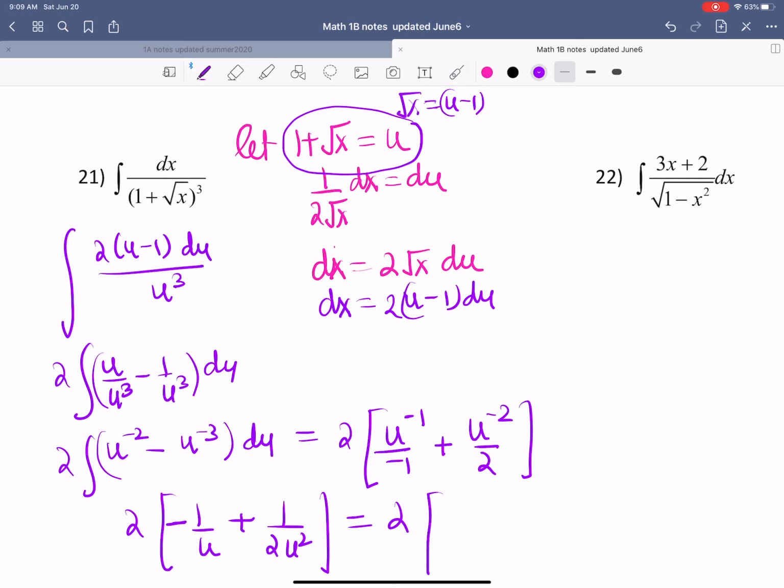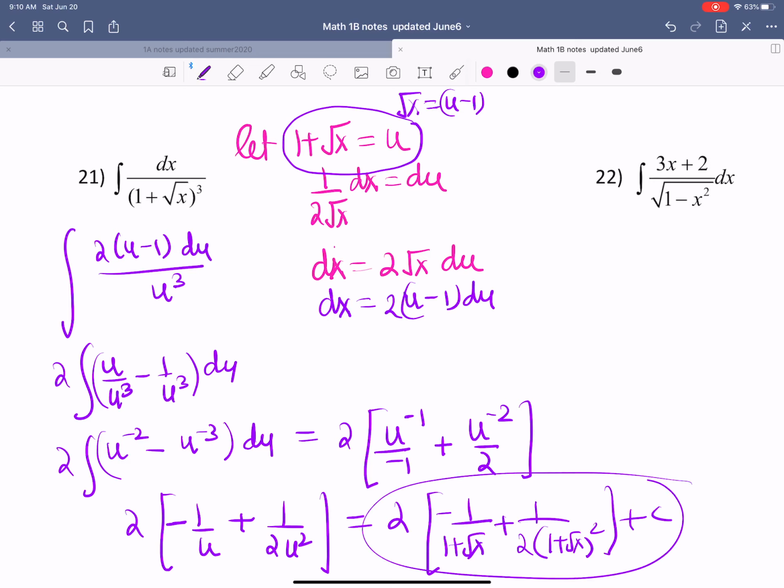Go ahead and replace the u by whatever u was in the beginning. We called the u as 1 plus root x. Negative 1 over 1 plus root x plus 1 over 2 times 1 plus root x squared, plus a c. And that's going to be our answer to this problem.